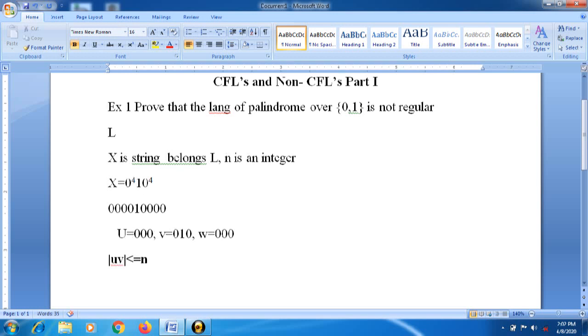Now check. uv contains u, which is 3 zeros, and v, which is 0, 1, 0. Whether its length is less than or equal to n? Here n is 4 and the length of uv is 6, so no, it is not less than or equal to n. But if we consider x, then it is true. So our first condition is satisfied.